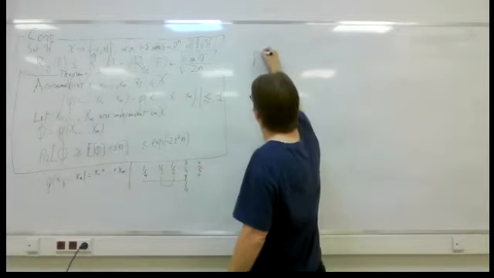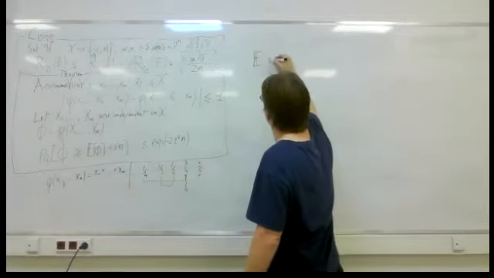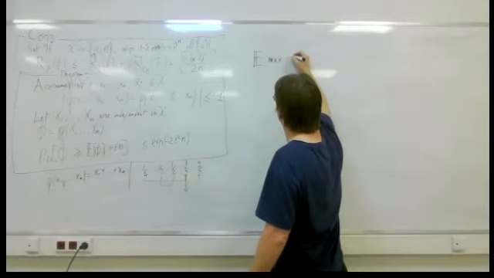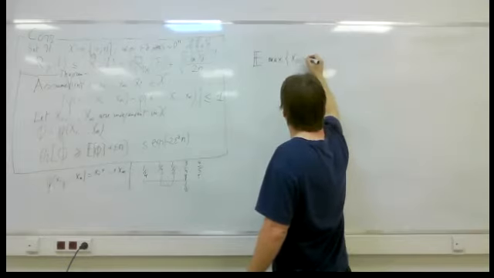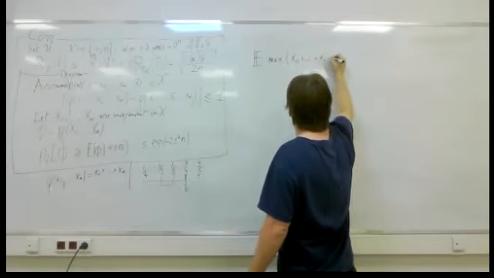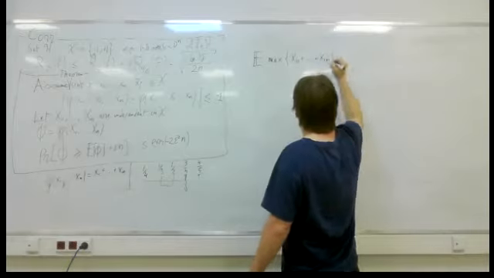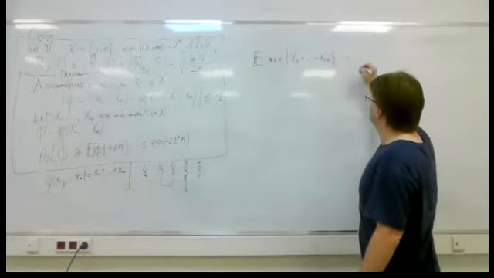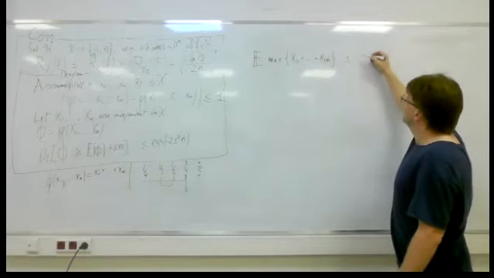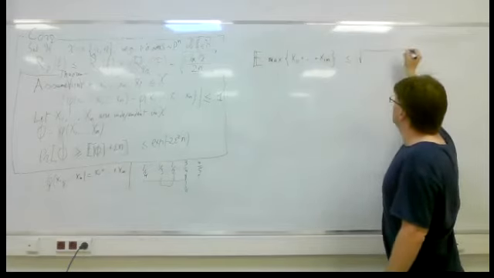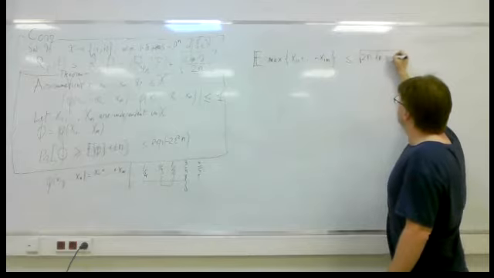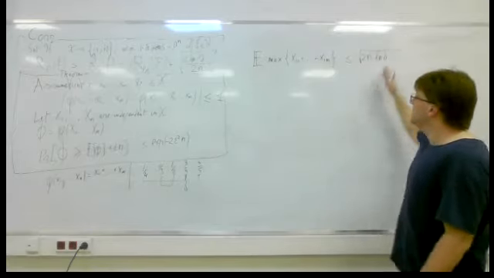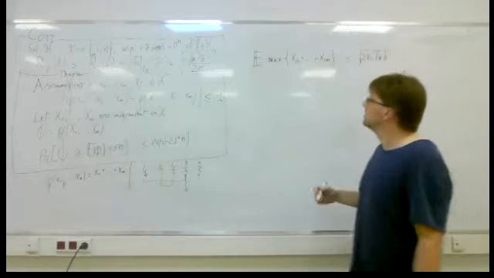The claim is that the expected value of the maximal sum of a row, max of x_i1 plus ... plus x_in, is bounded by, and here comes a formula, the square root of 2n ln d, where d is the number of rows.